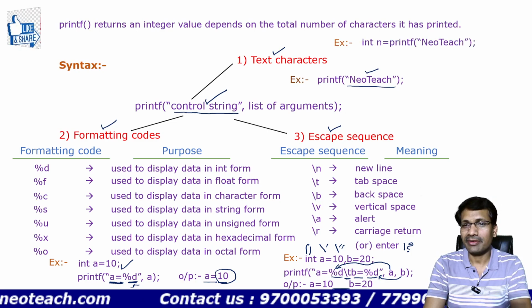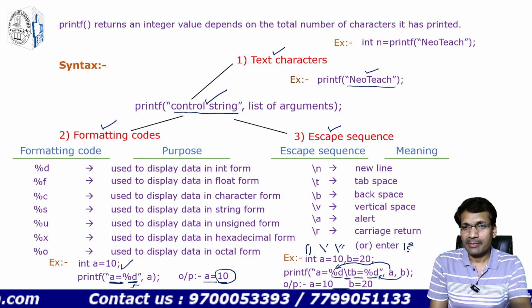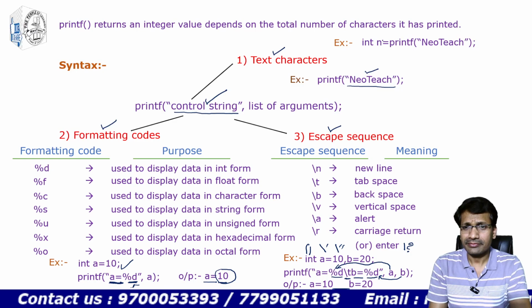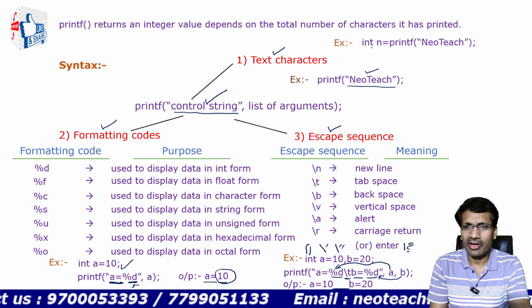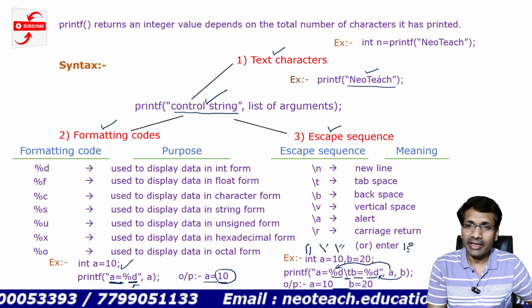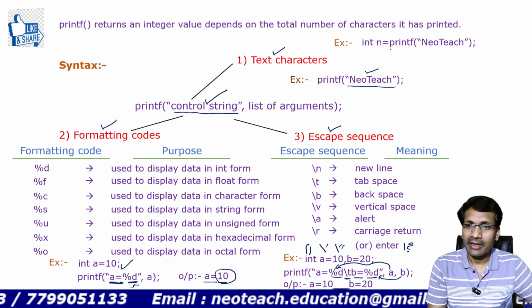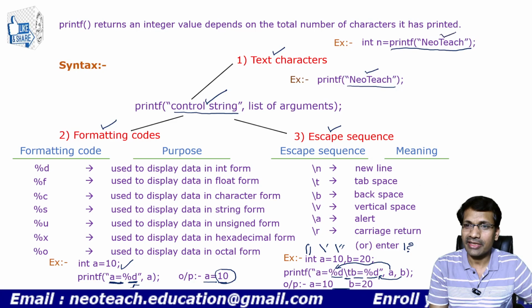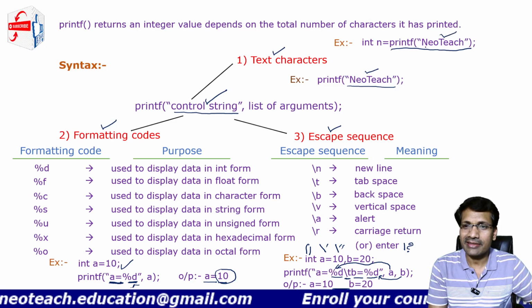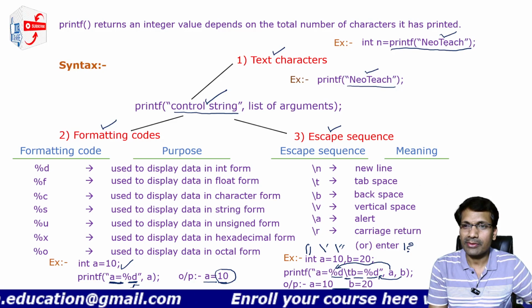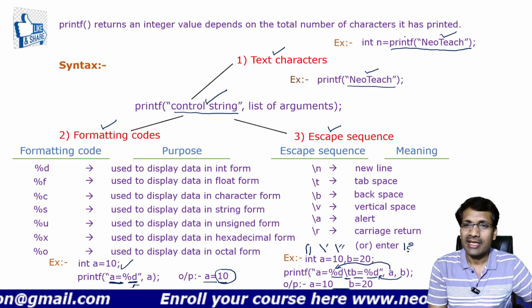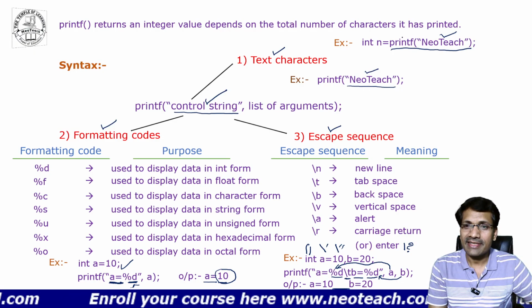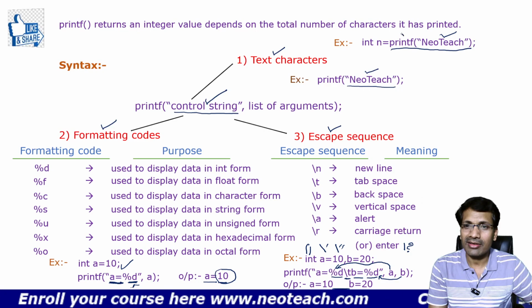So I am giving an example here. Simply I write integer n. Then printf, inside the printf I want to output neoteach. How many characters? 1, 2, 3, 4, 5, 6, 7, 8. So this printf function prints 8 characters on the monitor.